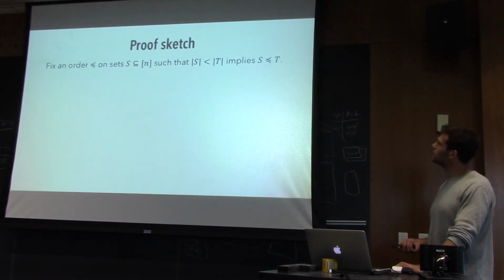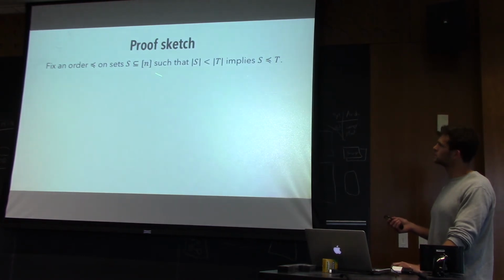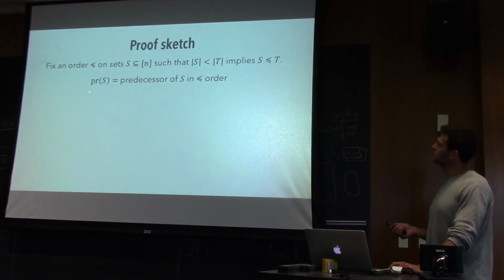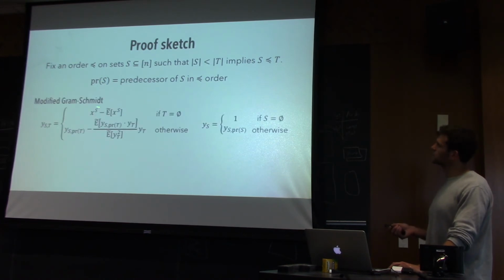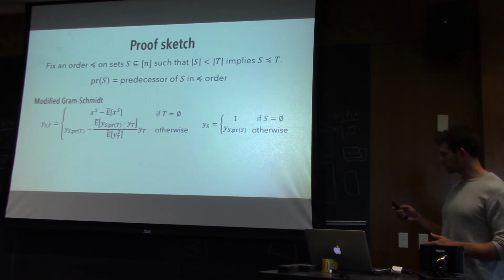All right. So when you're doing Gram-Schmidt, you fix some order on your sets, because your monomials each correspond to some set, and you do this in such a way that it respects the sizes of these sets. And for notation, I'll make PR of S the predecessor of S in this order. So we can do this modified Gram-Schmidt, which breaks it up into different stages.